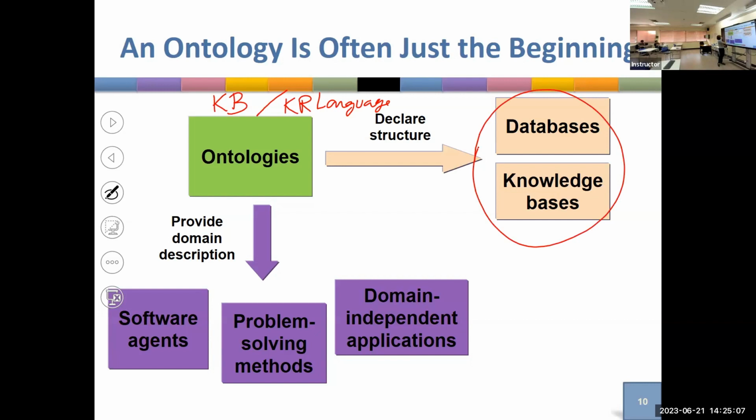It can be used in certain applications such as building software agents, domain applications, domain independent applications, problem solving mechanisms, and so on. In several of the papers you presented and listened to today, there are examples where we use ontology as a knowledge construct for answering and recommending certain things to the users, right?